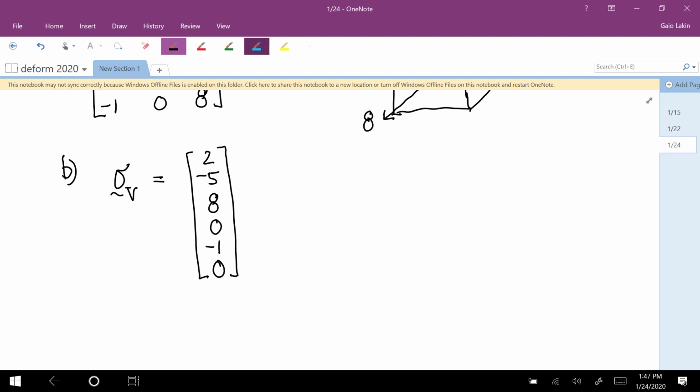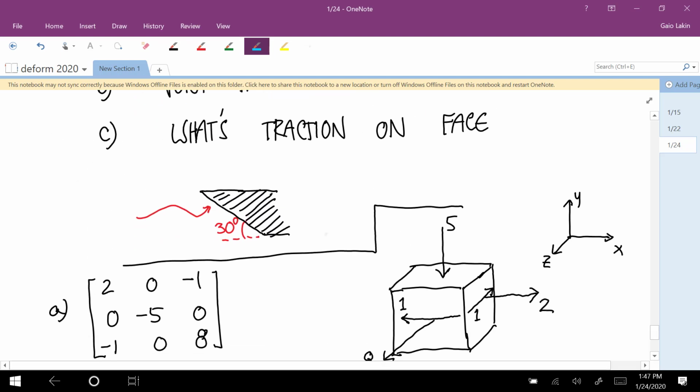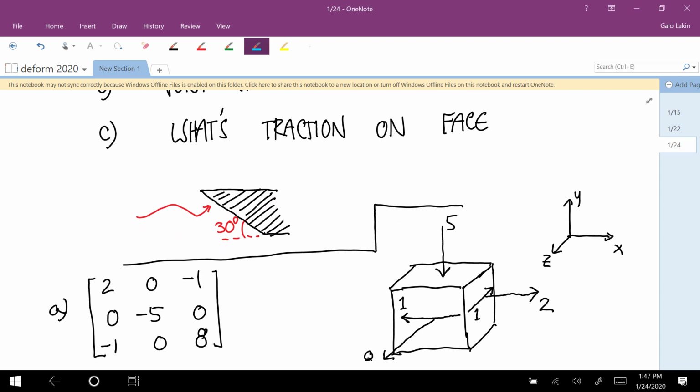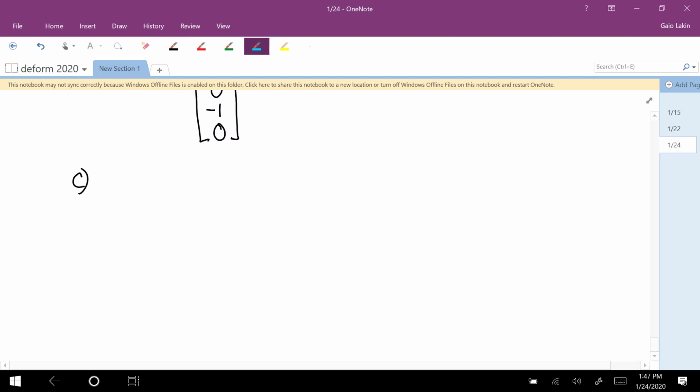And now the last one, we want to find the traction on that inclined face. So what we have to do is find an outward facing unit normal for this face. And I'm assuming that we're talking about this coordinate system. Okay, so how are we going to find that? Well, this is kind of related to that vector problem that we did at the beginning.